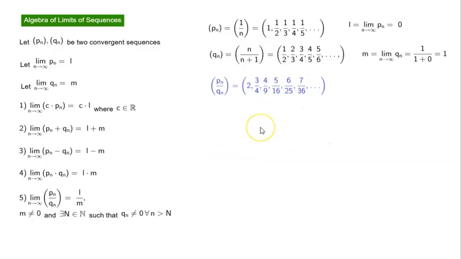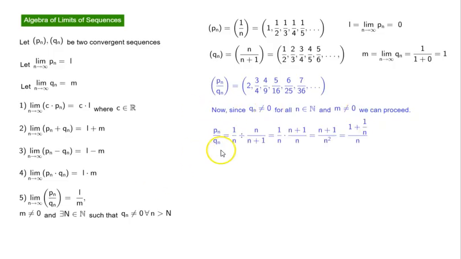Now let's look at dividing two sequences, what the limit is. Now since q sub n is not equal to 0 for all n in natural numbers and m is not equal to 0, we can proceed. Otherwise you stop here itself.